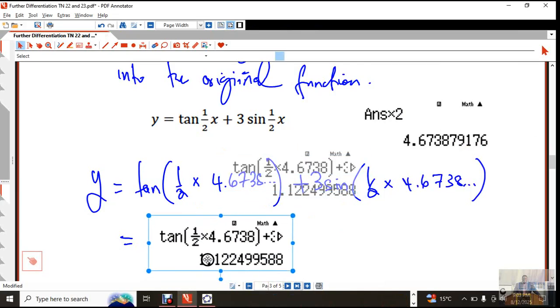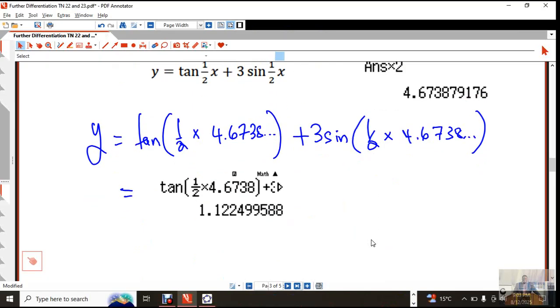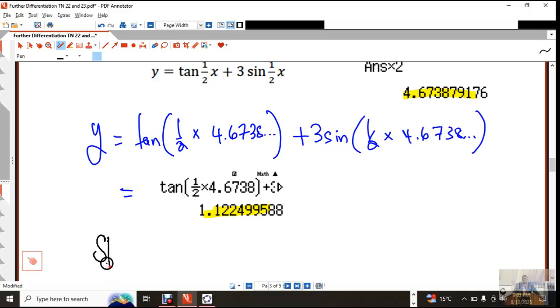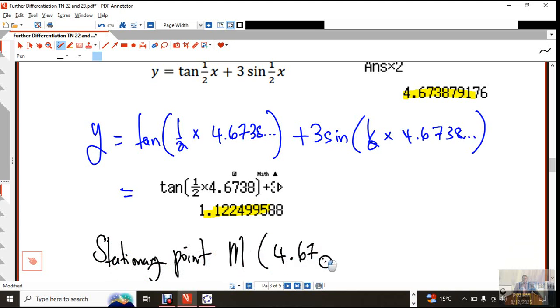Very close to that. So now that we have our value of x and our value of y, this is our x value, this is our y value, we can now conclude that the stationary point M is 4.67, 1.12.